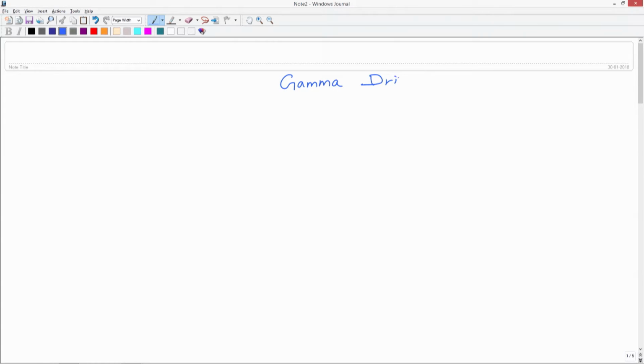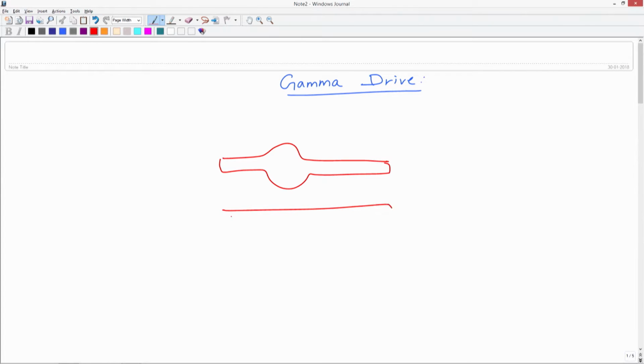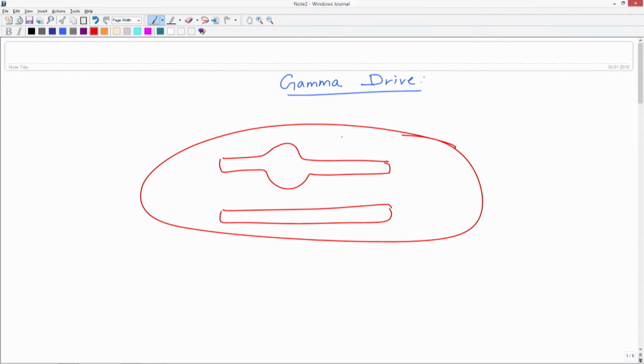It is called the gamma drive. Now let me again draw this nuclear bag and nuclear chain. Let us say this is the whole spindle we are talking about.